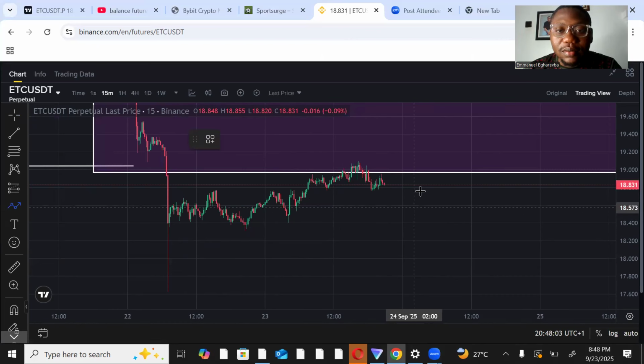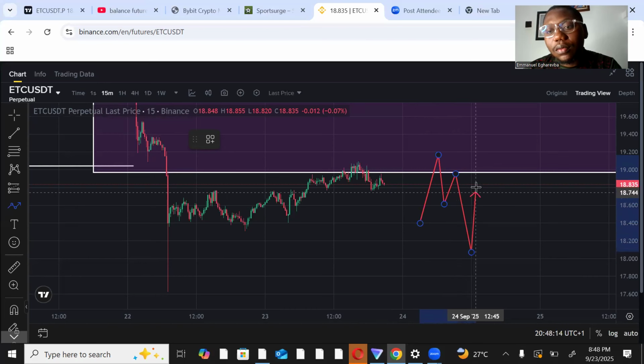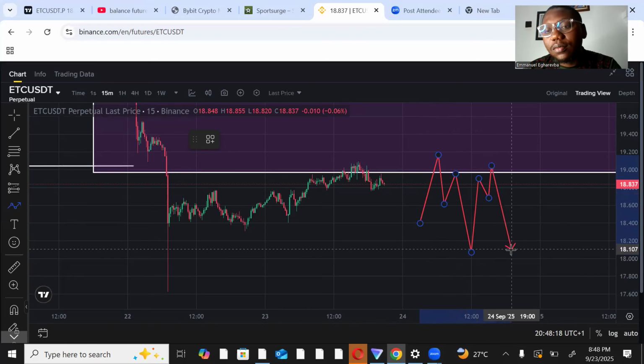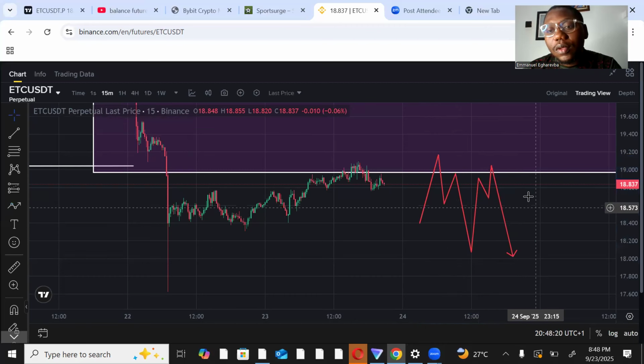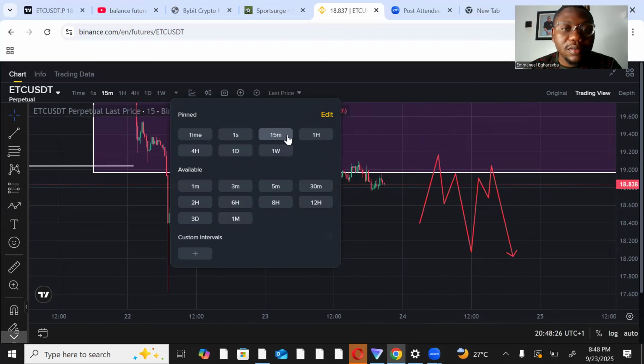So this is a sell scenario. It's reacting. Boom. So are we seeing something like this? Let's go to 5 minutes. I think the 5 minutes will give us a clearer picture.